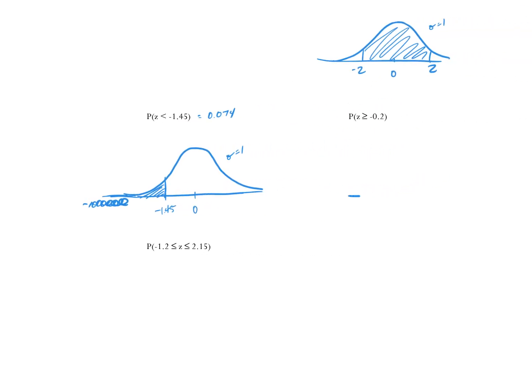Okay, if I look at this one, again, mean is always 0 and standard deviation is 1. What's the probability z is bigger than negative 0.2? Bigger than, I would shade to the right. So now what is my lower boundary? Negative 0.2.